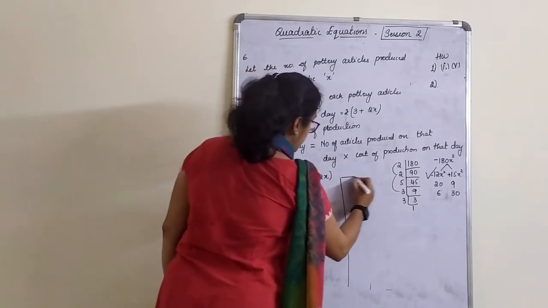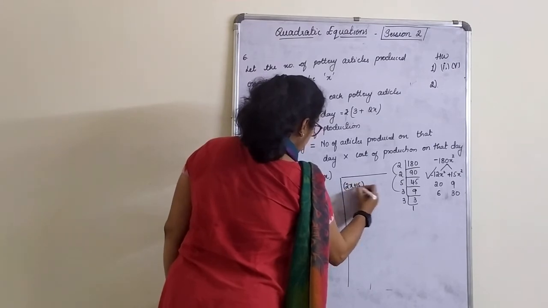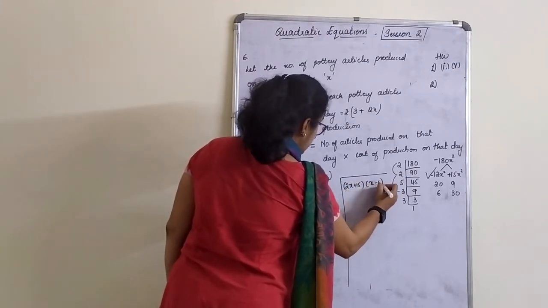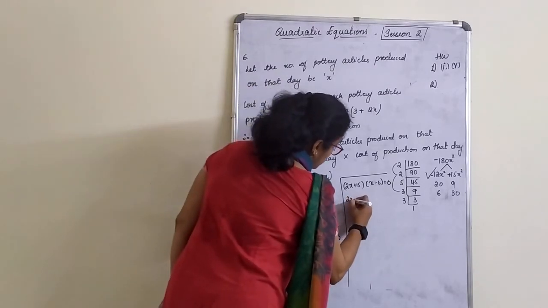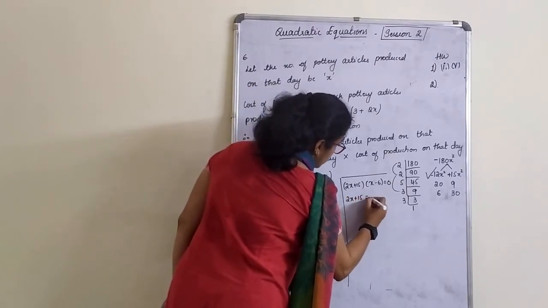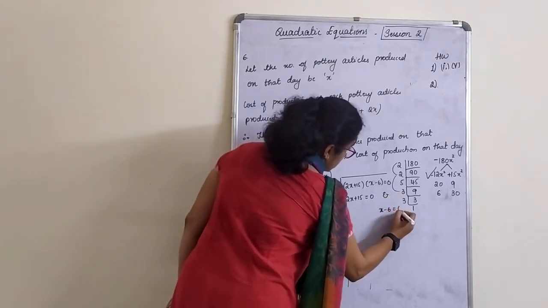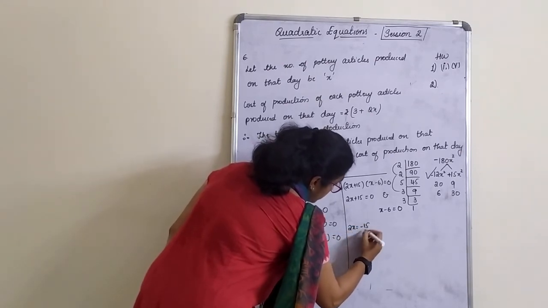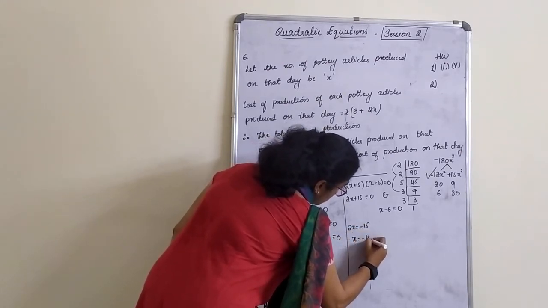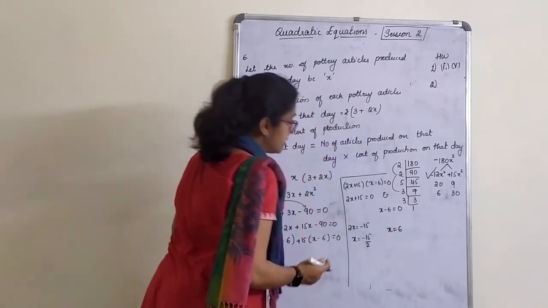So the last step would be 2x plus 15 and x minus 6 is equal to 0. So 2x plus 15 is equal to 0 and x minus 6 is equal to 0. 2x is equal to minus 15, x is equal to minus 15 by 2 and x is equal to 6.